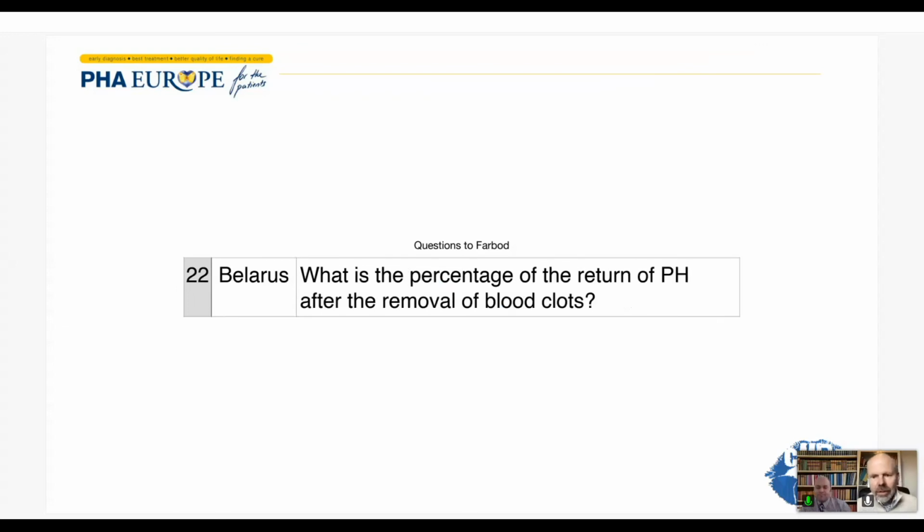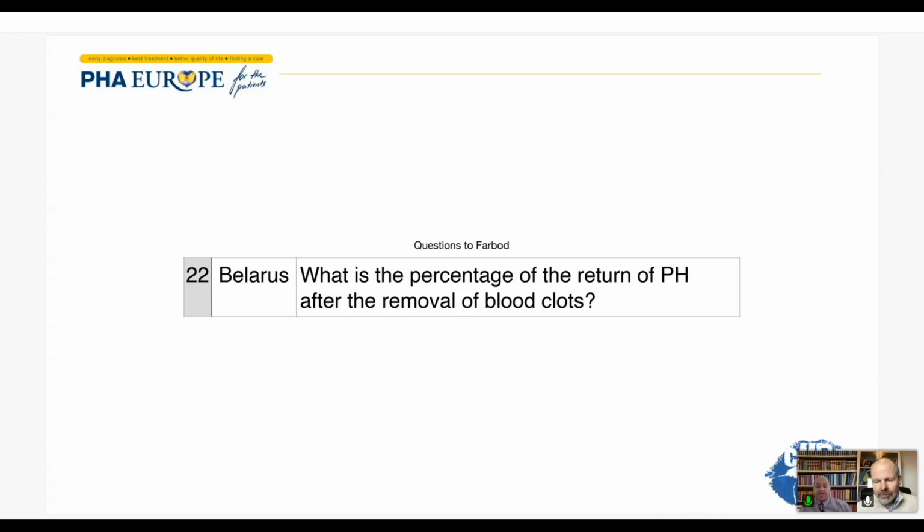Last question. What is the percentage of the return of pH after the removal of blood clots? And like I said, this really has to do with the surgery and the disease, but particularly using resting pulmonary hypertension as a bar, I would say a lot of centers are saying that 90% of patients don't have pH after surgery, or even 95.